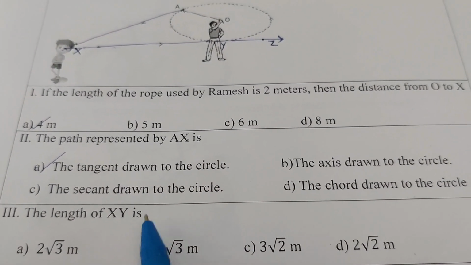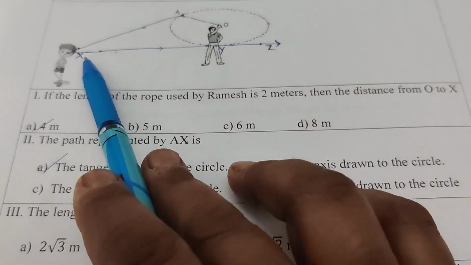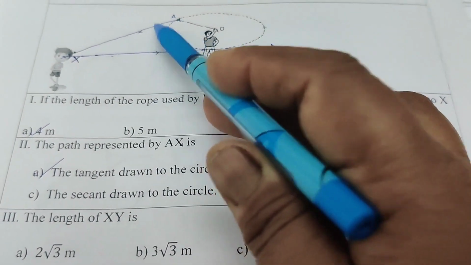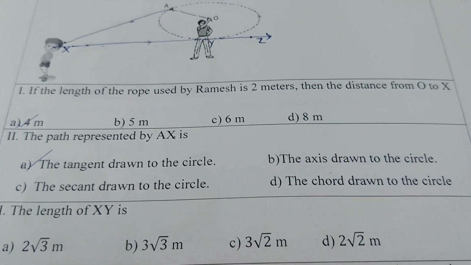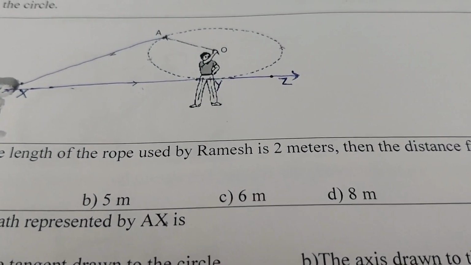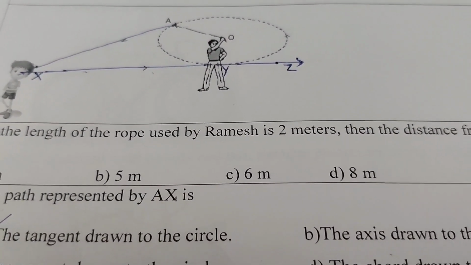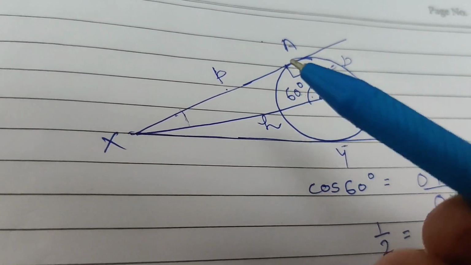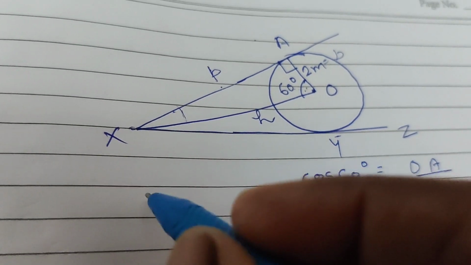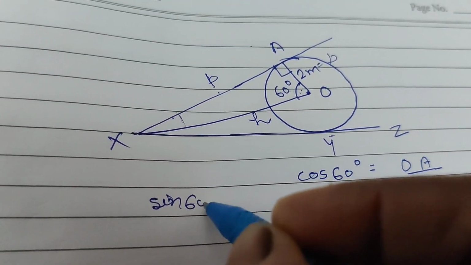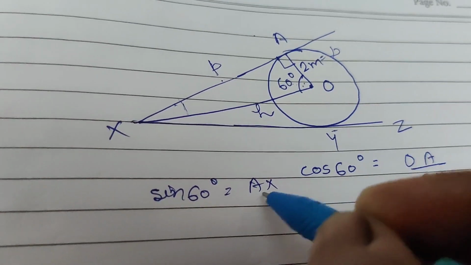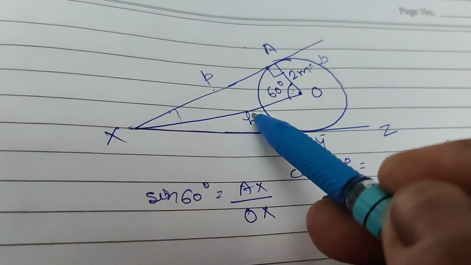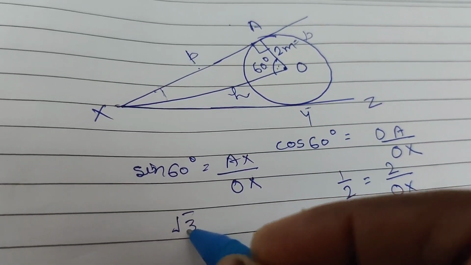Now, the length of XY. We have to find the length of XY. We know that XY equals AX, because the lengths of two tangents drawn from an external point are equal. Therefore, AX equals XY. In this figure, we have to find AX. Sin 60 degrees equals AX upon OX, perpendicular by hypotenuse, root 3 by 2.